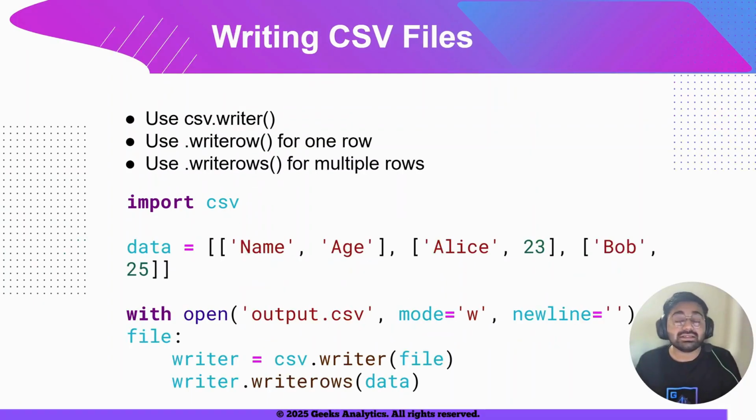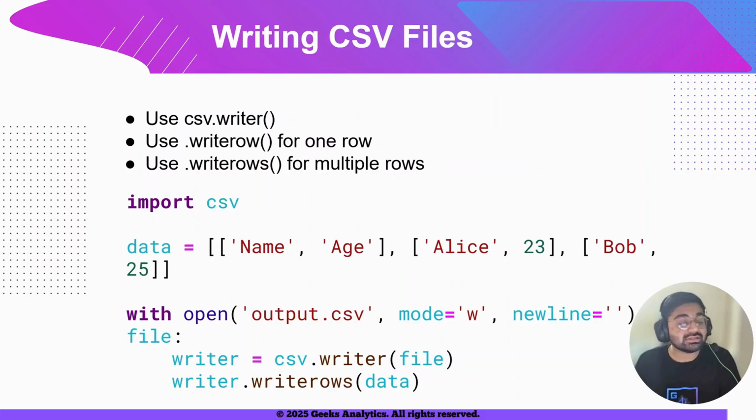Then writing CSV files. To write CSV files, we open the file in write mode and use a writerows function. We have csv.writer that creates a writer object, and writer.writerows is used to write data into the .csv file.